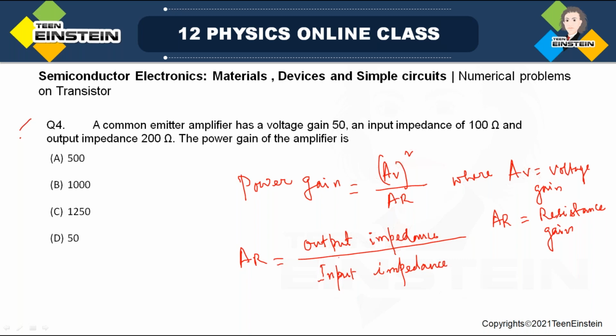So what is output impedance and what is input impedance? We know input impedance is 100 and output impedance is 200. So 200 ohm by 100 ohm gets cancelled and you get only 2. Resistance gain is 2. Now let us put it here.